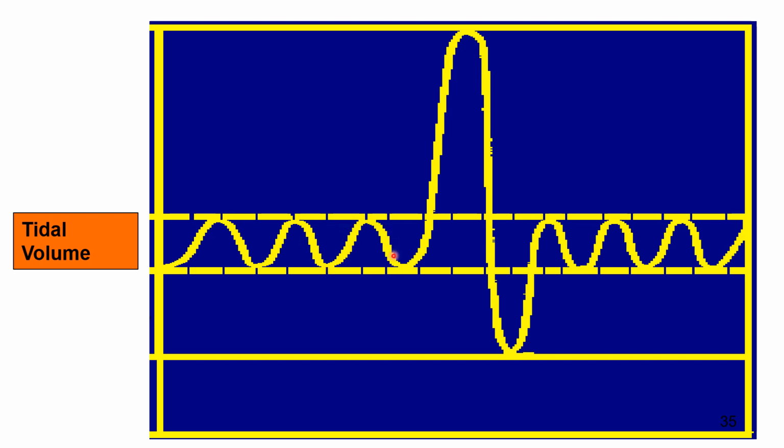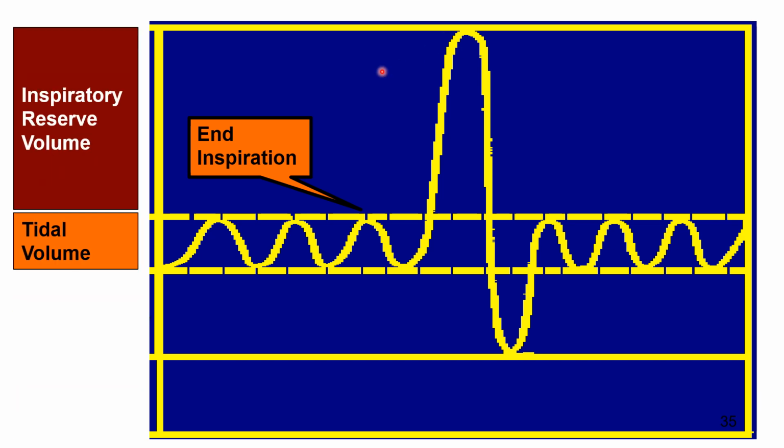Now, it has two reference points. This is at end inspiration. At end inspiration, if we are going to inspire maximally, the additional amount of air that we can inspire is logically known as your inspiratory reserve volume.